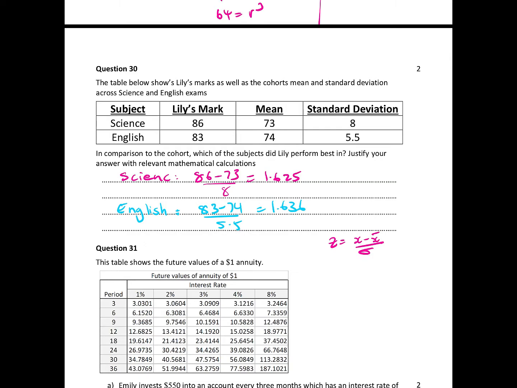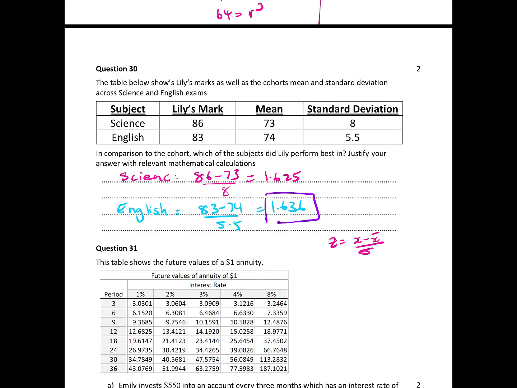Which one did she perform better in? Well, she obviously did better in English, only slightly, but it's still nevertheless a higher Z-score. Remember, the higher the Z-score, the further I am above the average, so the better I have performed. And vice versa, the smaller my Z-score, the poorer I performed.